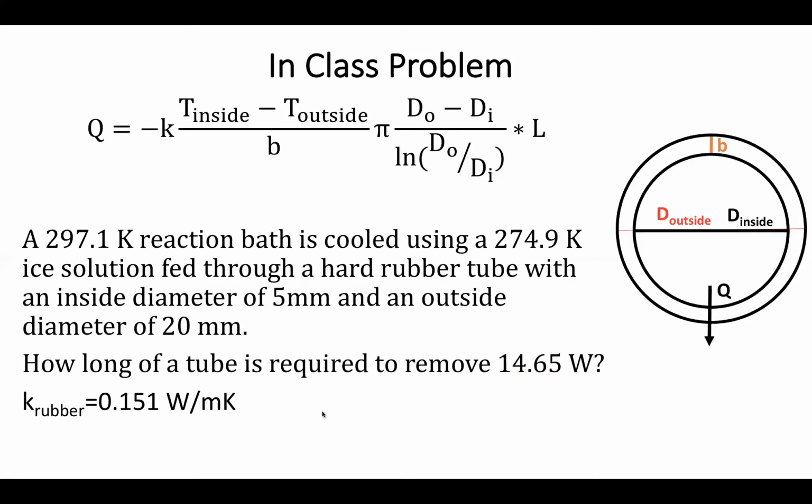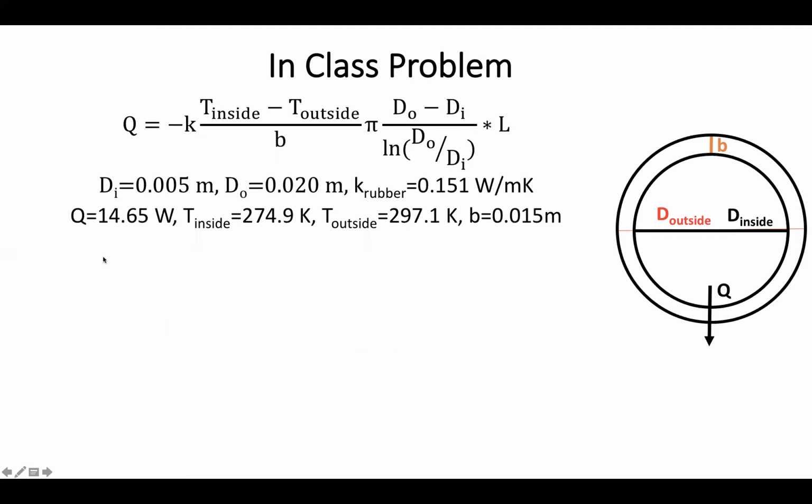So in order to solve this problem, I'm going to need to know the heat transfer coefficient of rubber, which I have right here. Fairly insulating, but you may notice not quite as insulating as something like fiberboard, which can be a little surprising. So in order to go ahead and solve this problem, let's write down essentially what we know.